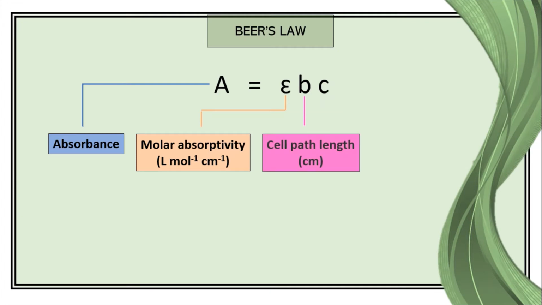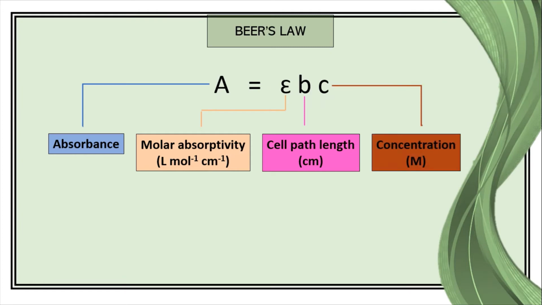B represents the path length, or the distance light has to travel through the sample, which is relevant because the more of a substance the light travels through, the more that will be absorbed. And C is the concentration of the sample, which again is relevant because the more concentrated, the more absorbance that will occur.